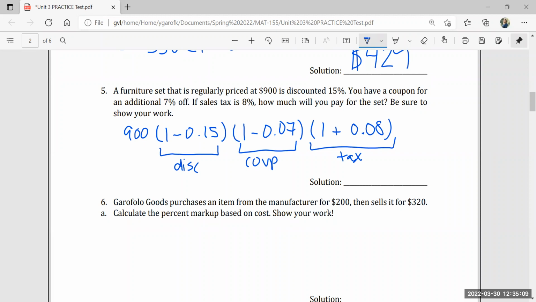And you're going to get $768 and around 37 cents. So again, you want to check and make sure it makes sense, that it's practical, and it is in this case.